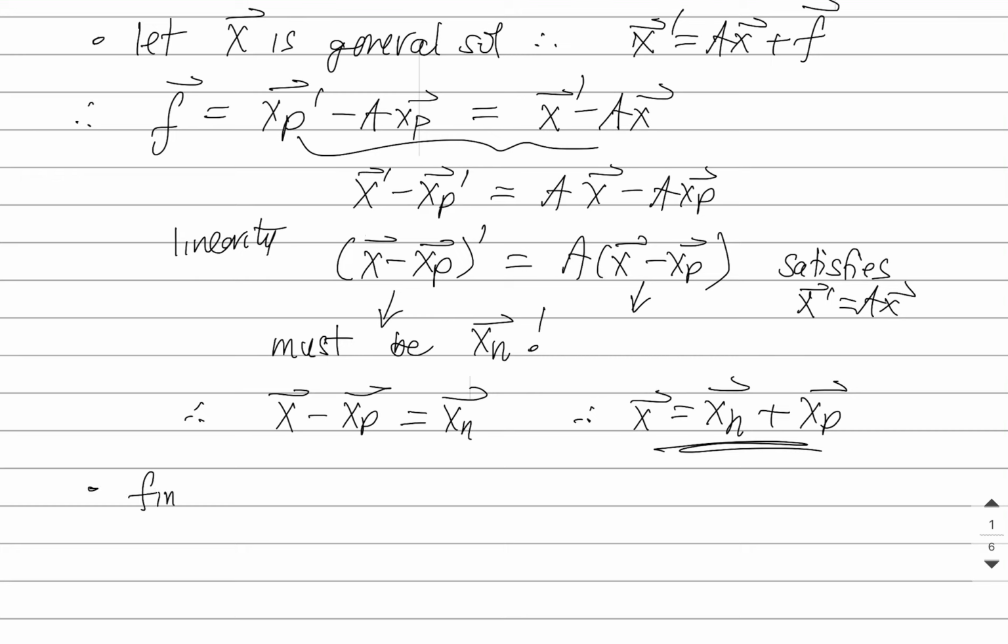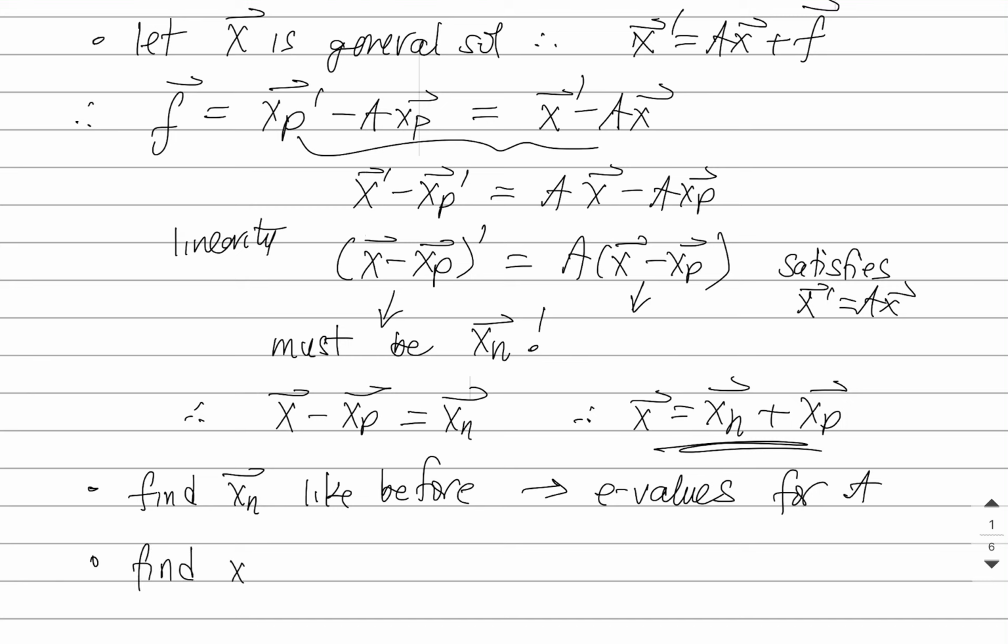So we find XH as before, and that could typically be an eigenvalue problem for a constant coefficient problem. And now the question is, how do we find this particular solution?